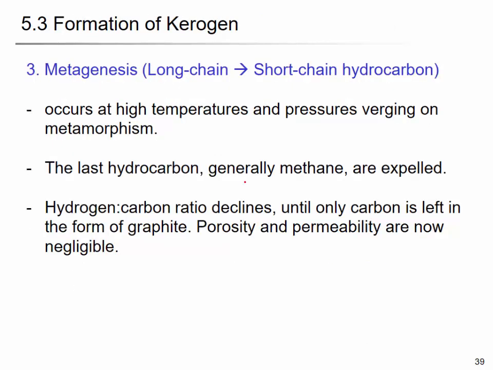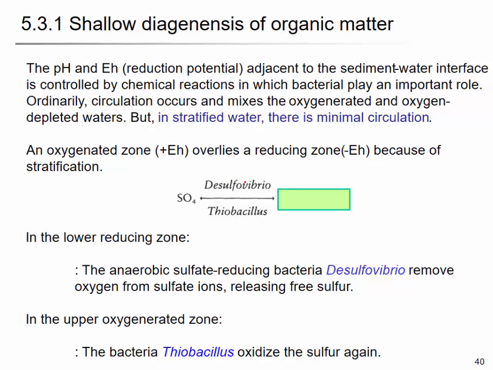So we have diagenesis, catagenesis, and metagenesis. Diagenesis is from organic carbon to kerogen, kerogen to hydrocarbon is catagenesis, and the breakdown of the hydrocarbon is metagenesis. And we look at the diagenesis. There are many known bacterial activities, like this one.